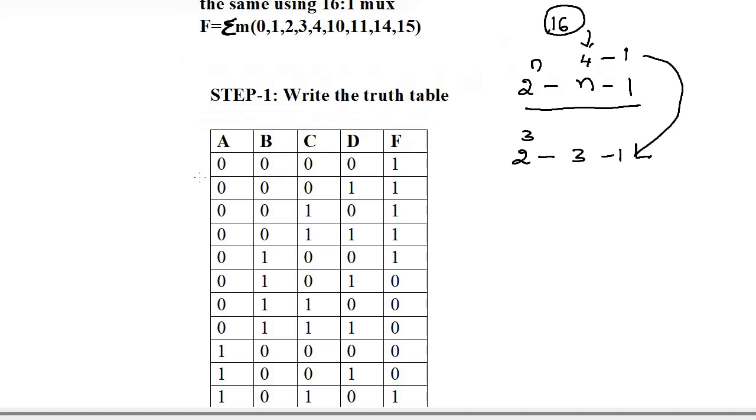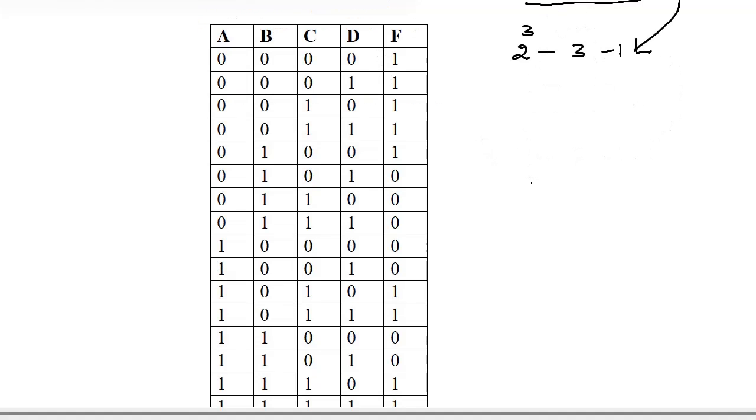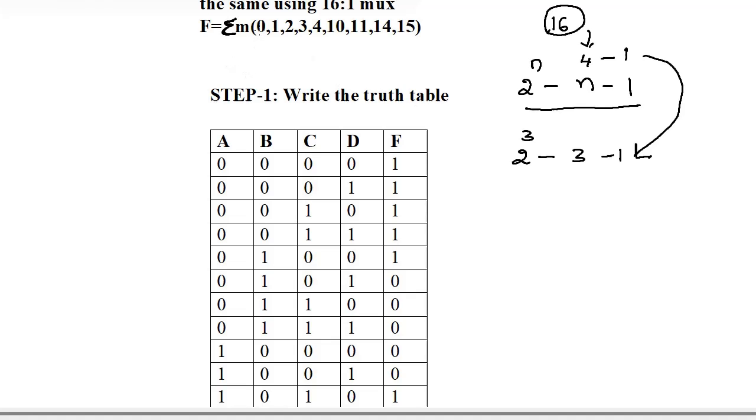So my truth table has A, B, C, D as the selected inputs. The given function contains 16 values, that's why I am taking 4 variables. So A, B, C, D are the input values and F is my output function. Now see here, F equal to 1 at the 0th position, first position, second position, third position, fourth position.